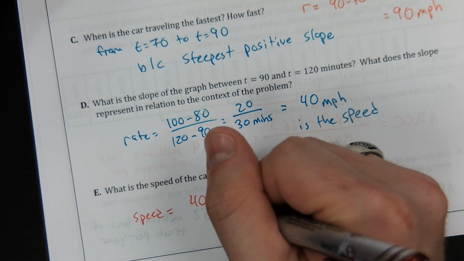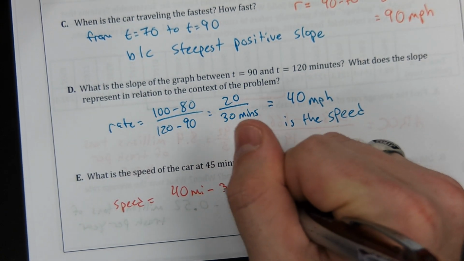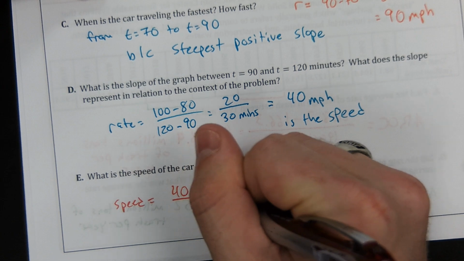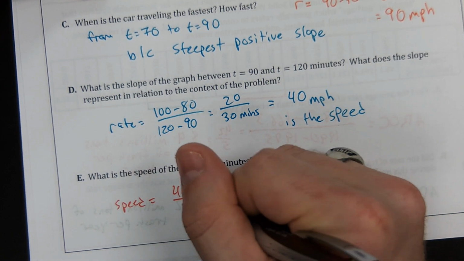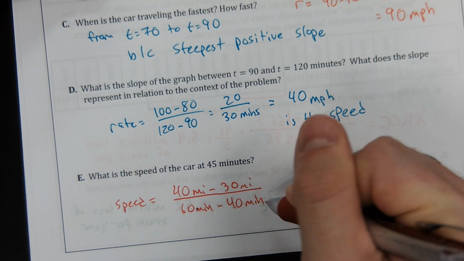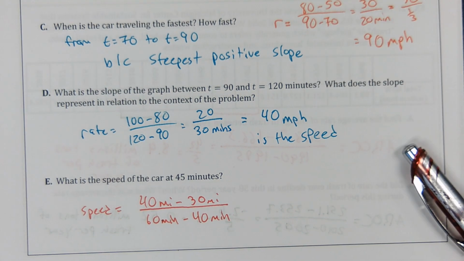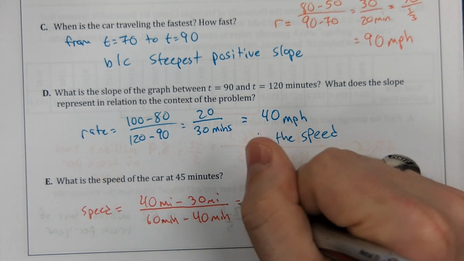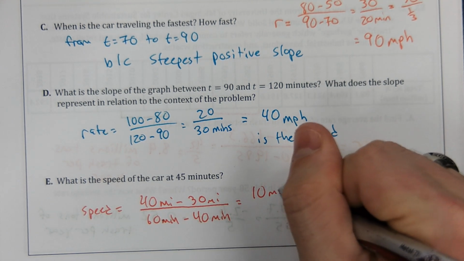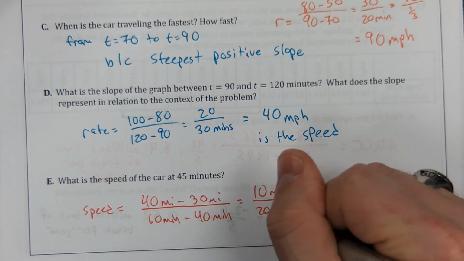I said minutes, didn't I? I'm sorry, miles. 40 miles minus 30 miles over 60 minutes minus 40 minutes. Oh my God, I'm going to have to pause the video for this. Okay, interruption is over. This gives me 10 miles over 20 minutes.